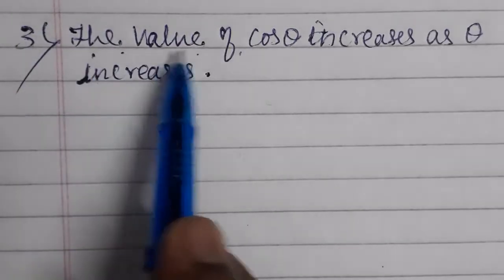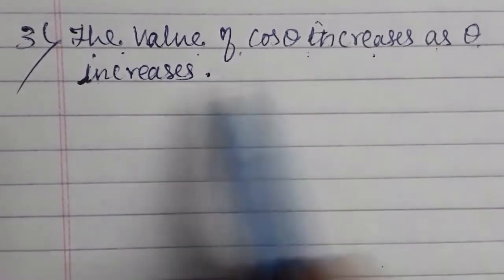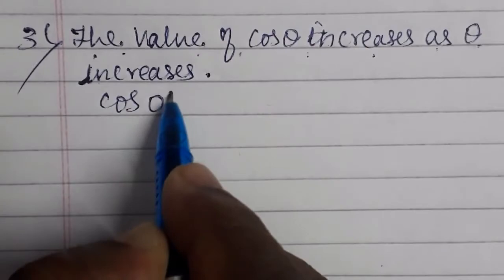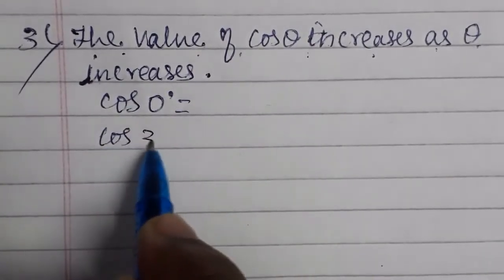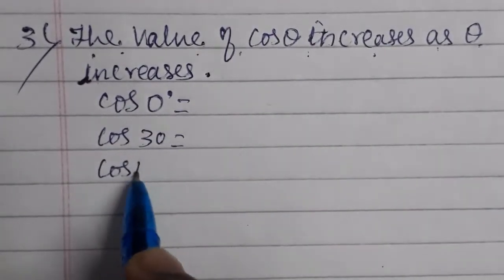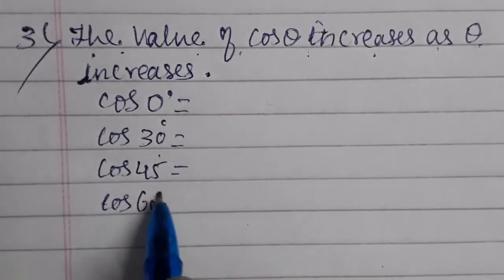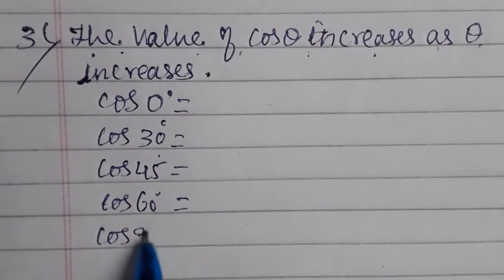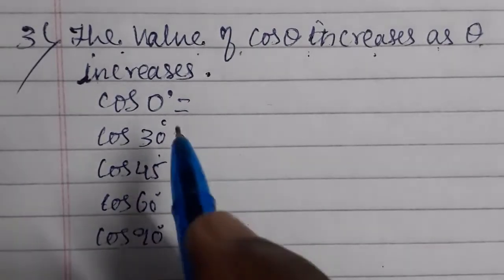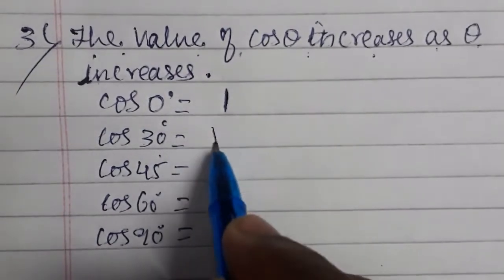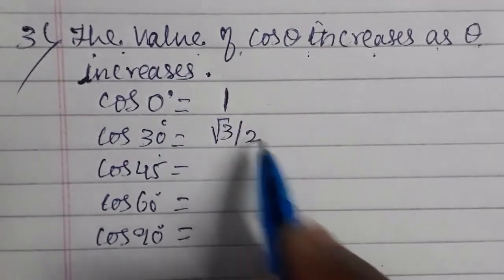The next is, the value of cos theta increases as theta increases. Let us check. Cos 0 degree, cos 30 degree, cos 45 degree, cos 60 degree, cos 90 degree. They are all standard angles. Cos 0 degree is 1. Cos 30 is root 3 by 2.